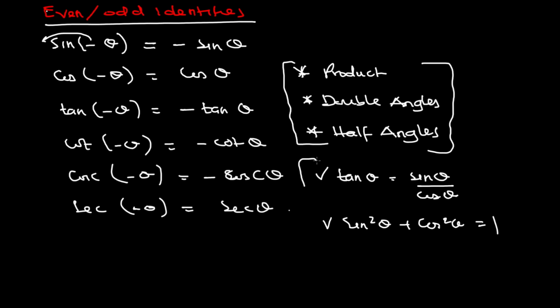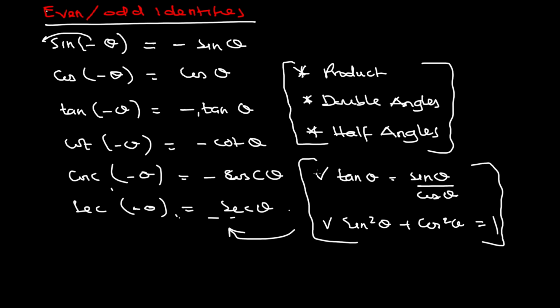Once we know these relationships, the next thing we need to know is this aspect of angles: which one is even and which one is odd. What does it mean when it's odd? You have a negative angle and it affects the function. If you have a negative angle and it does not affect the function, that's even.